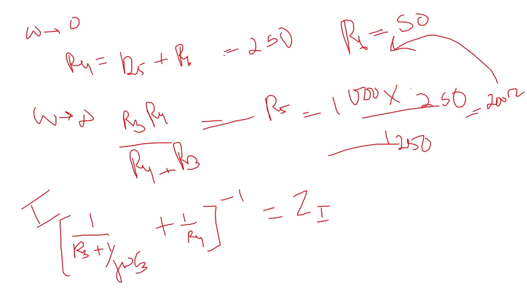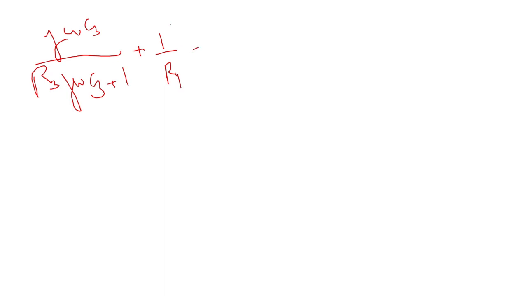Now I'm just simplifying it. This 1 by j omega C3, I'll take j omega C3 up, and cross multiplying and taking the inverse.